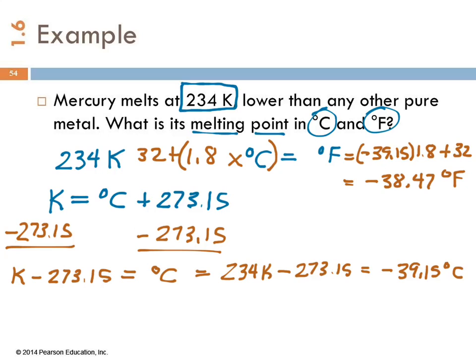Are both of those reasonable temperatures? It says mercury melts at this temperature that's lower than other metals melt at. Minus 38 Fahrenheit, minus 39 degrees Celsius, those are low temperatures. If we came up with 5,000 or something, we would be alerted to the fact that we did something wrong.